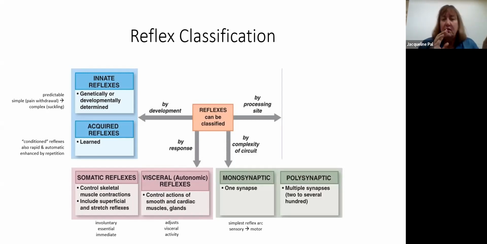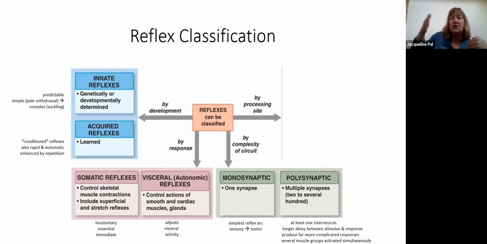Obviously, there's activity, there's synapse between the motor neuron and the effector, but when we're talking about monosynaptic, we're talking 2 neurons only. Whereas polysynaptic will involve at least 2 synapses, so at least 3 neurons, and could involve hundreds of neurons, okay? And so because we have neuron to neuron to neuron to neuron to neuron, this is going to take longer to occur.